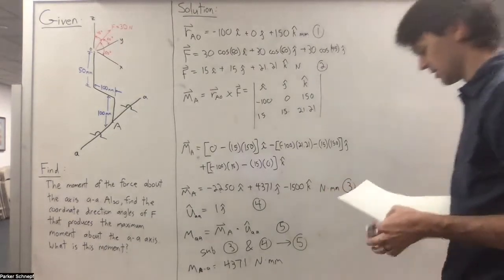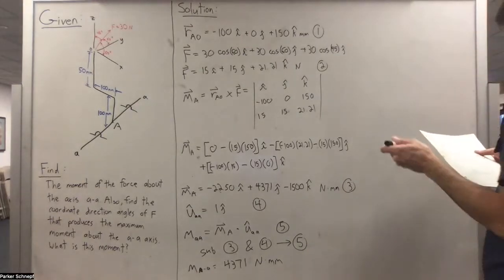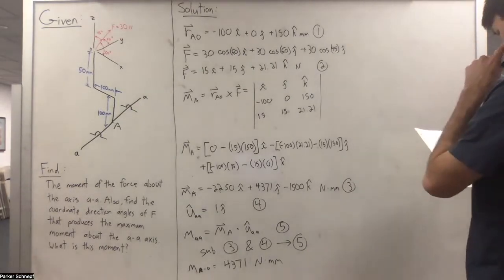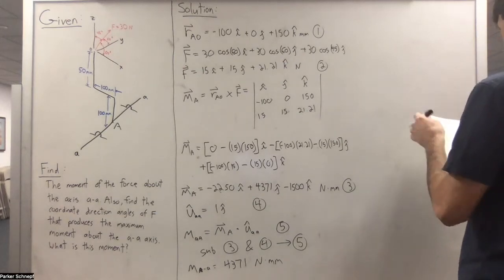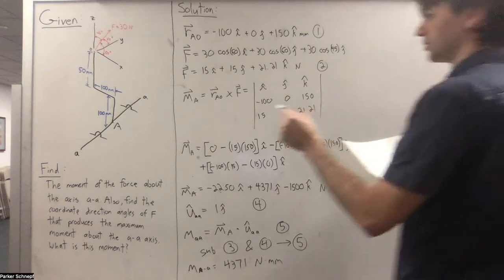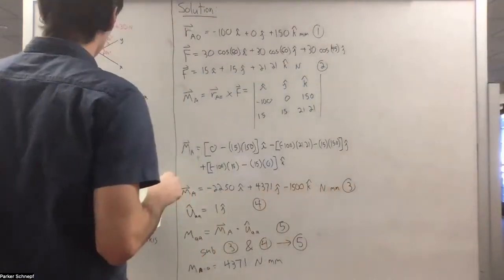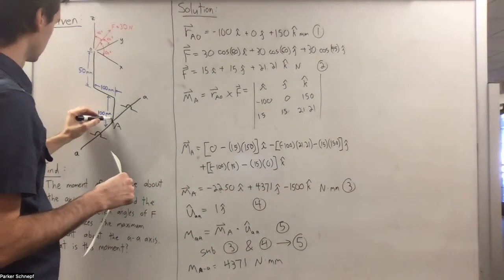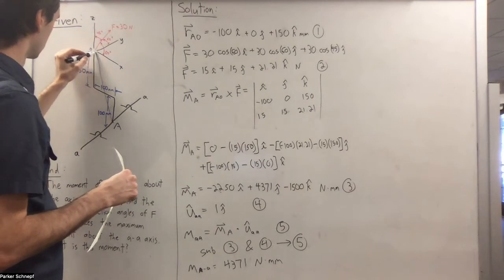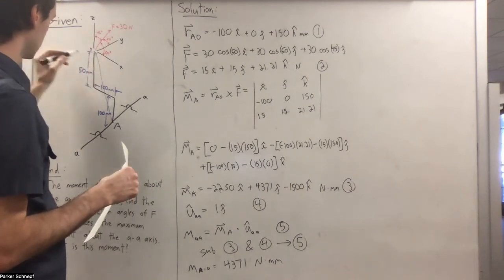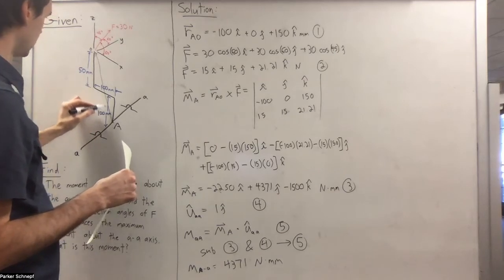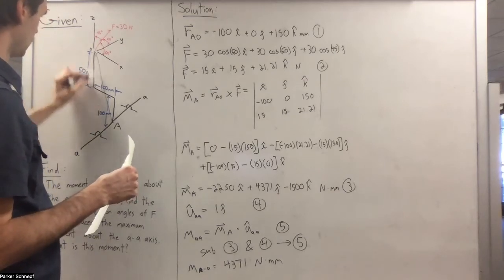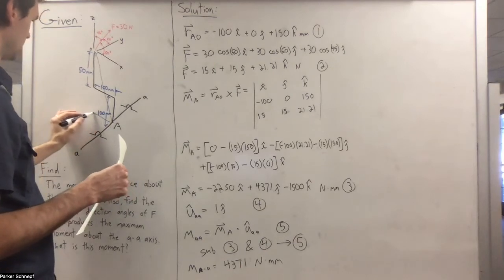So the way we can think about this is, this is our position vector, right? It's 150 tall, 100 deep.